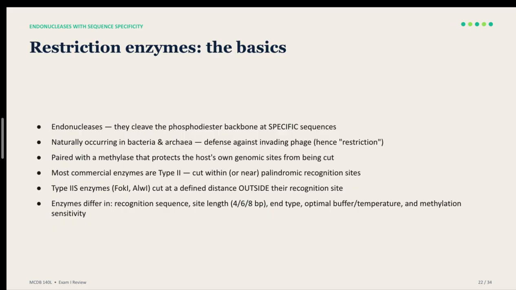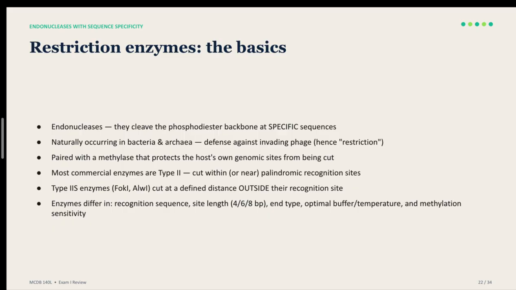Enzymes differ in many ways. Some include specific buffer requirements. It's important that we consider this, and that's why sometimes a double digest will use a compromised buffer.